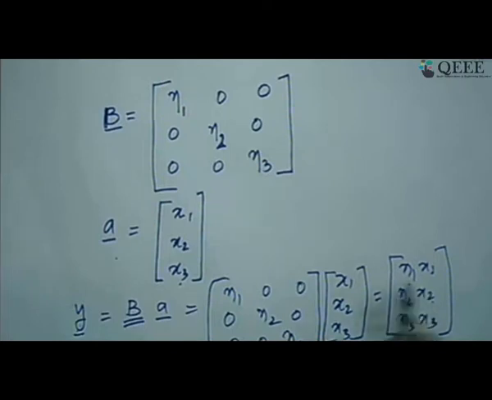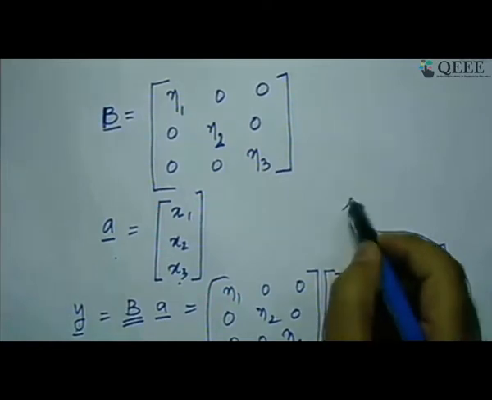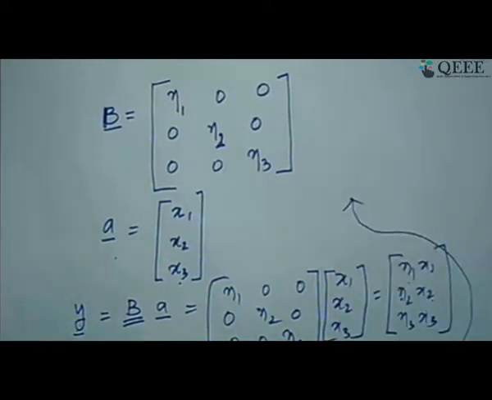So if you now do this, it is going to be eta 1 squared x1 squared plus eta 2 squared x2 squared plus eta 3 squared x3 squared minus x1 squared minus x2 squared minus x3 squared equal to 0. Now you can collect all the terms. Let me collect all the terms with x1.